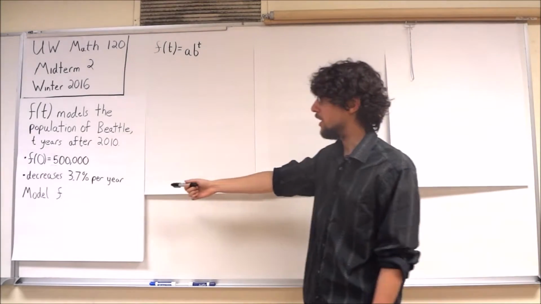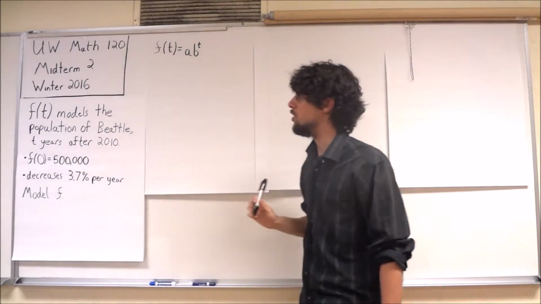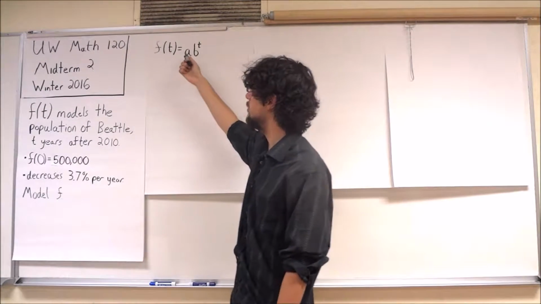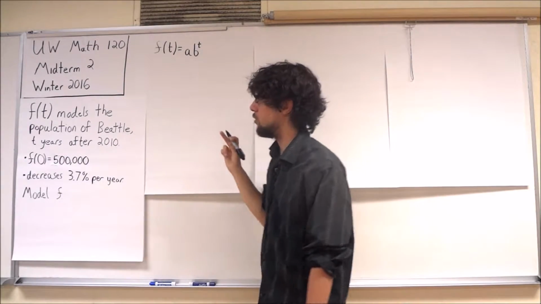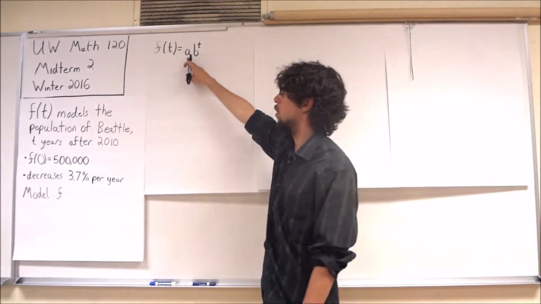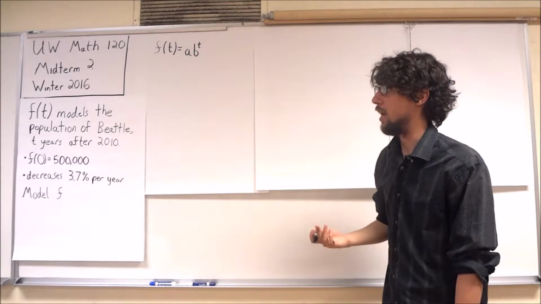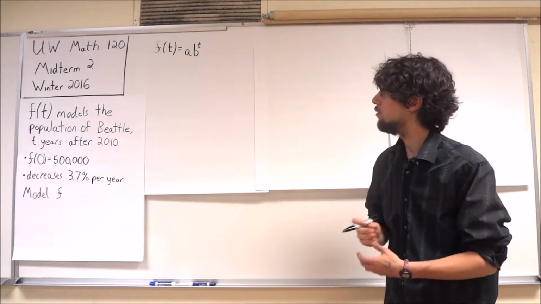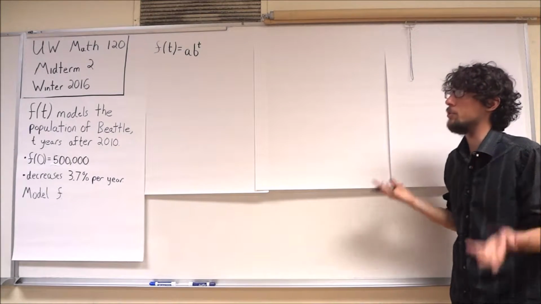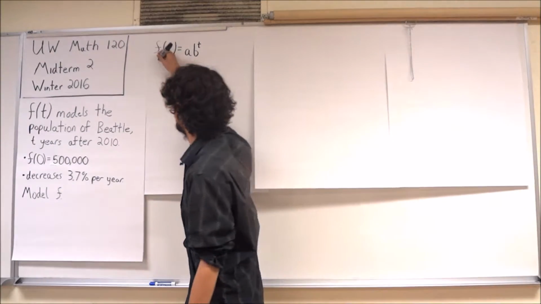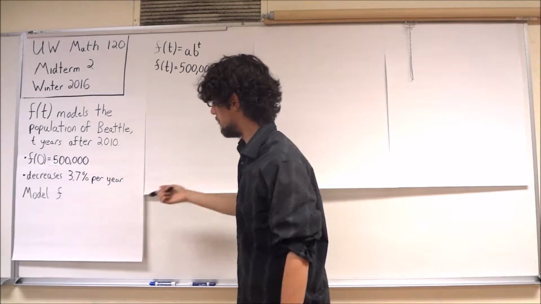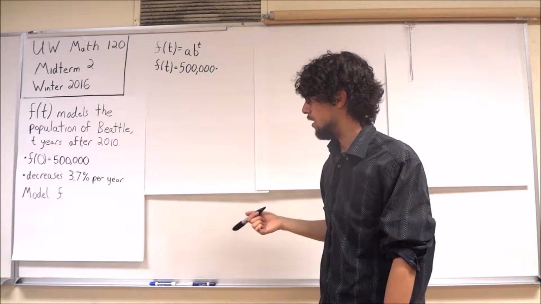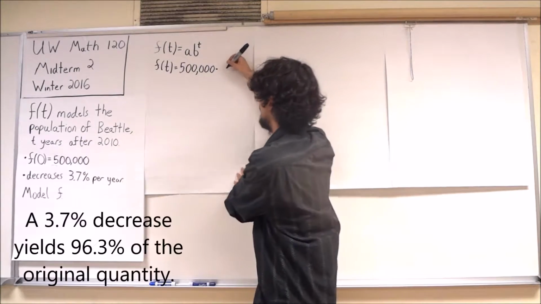Notice that if I plug in t equals 0 to this equation here, I find that 500,000 equals, well, this b to the 0 term falls away, and I have that this coefficient here, this a, is 500,000. In fact, I can really write down this model almost from scratch, just as a 3.7% decrease is the same as 96.3% of the previous value.